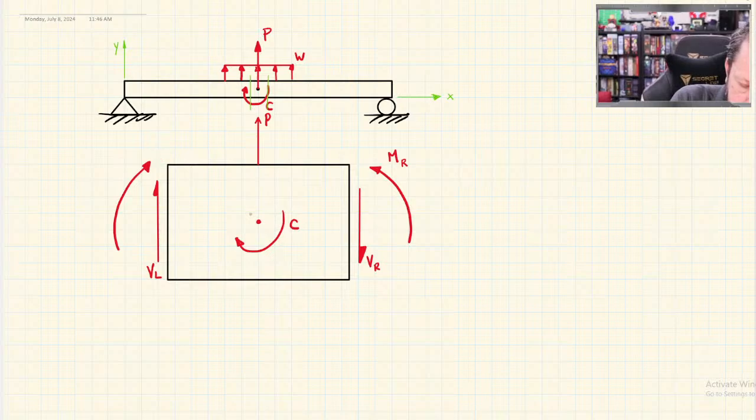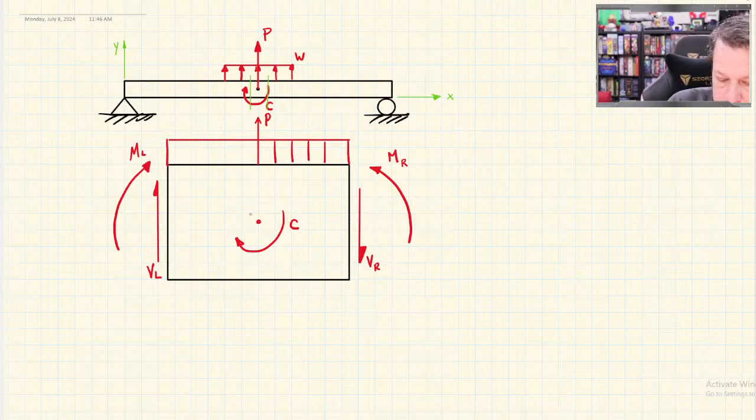Let's move that over. I'll put it kind of like that. And again, I'm drawing them going upwards because I want some positive signs in these equations, but it doesn't matter.